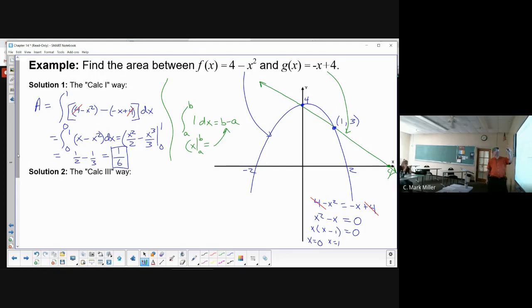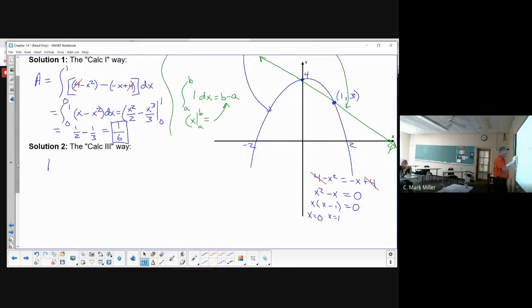But that's what we're supposed to do, is find the area. So it's going to involve integrating 1. That's the punchline. It's going to involve integrating 1. So the Calc 3 way is A equals a double integral of, this is the point, so I'm going to make it bold, 1.